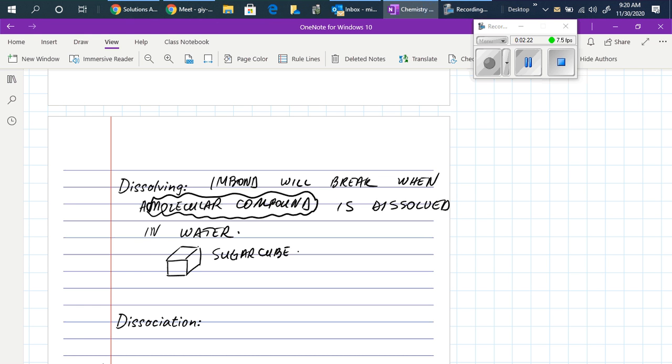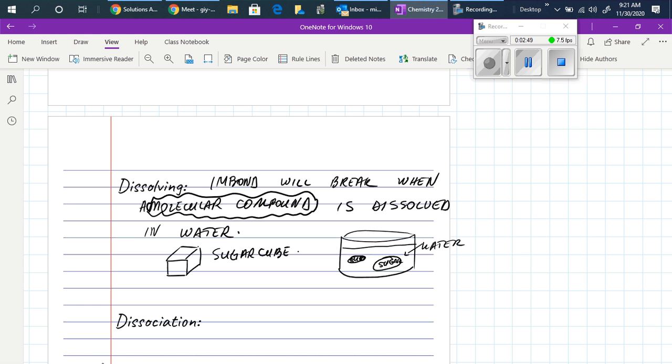But as soon as we put the sugar into water, we have sugar molecules that are separated from each other in water. So the bond between the intermolecular forces is broken.